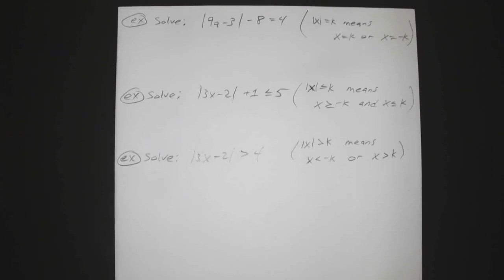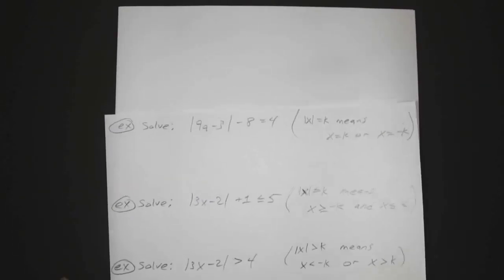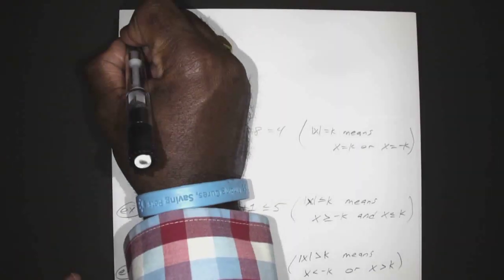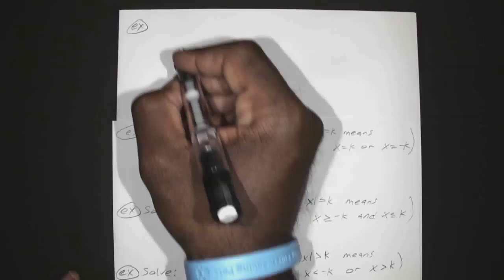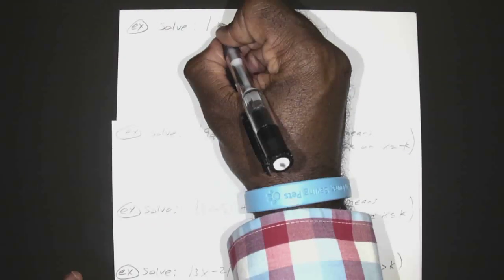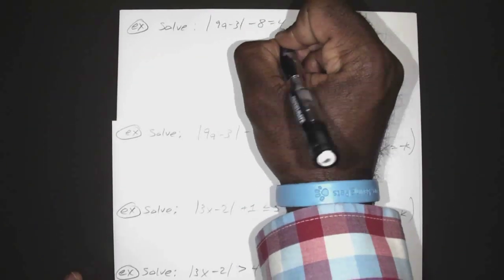Let's look at these. Okay, so first let's solve the absolute value of 9a minus 3 minus 8 equals 4.